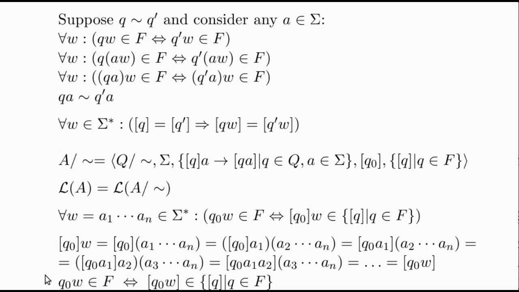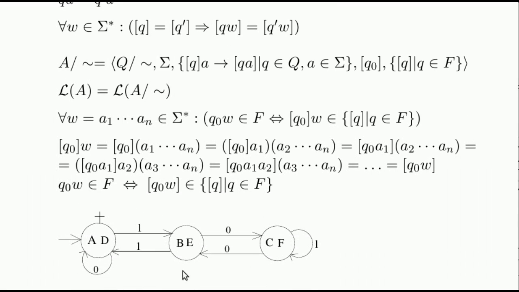We still need to see that q0w is in F if and only if the class of q0w is an accepting state of the quotient automaton. But this is straightforward because, by the definition of quotient automaton, the class of a state is accepting if and only if the state is accepting. This concludes the proof.